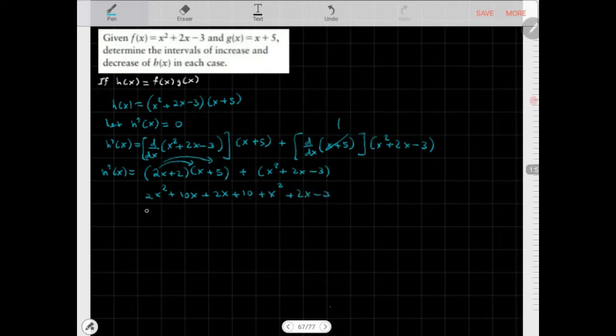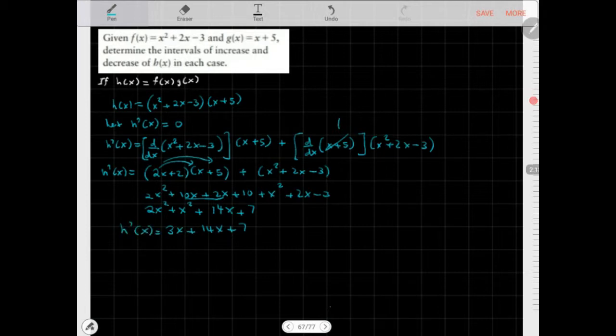Okay, so then I'm going to get 2x squared plus x squared, 12x plus 2x, that's 14x, plus 10 minus 3 is plus 7. So that's 3x squared plus 14x plus 7. Okay, so this is h prime of x.